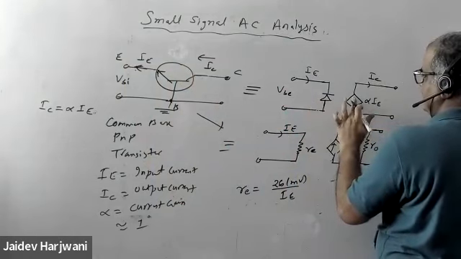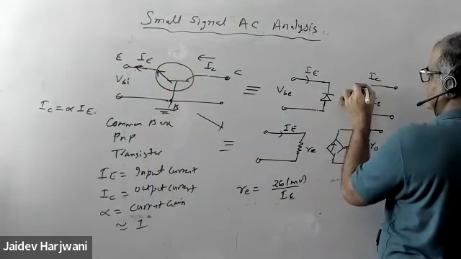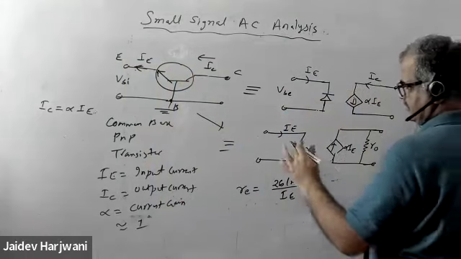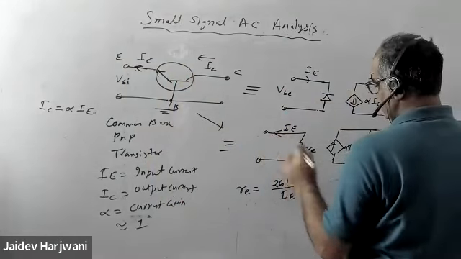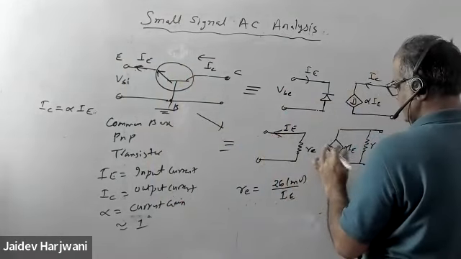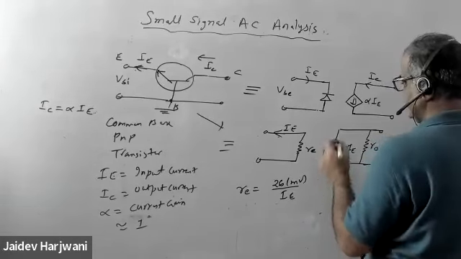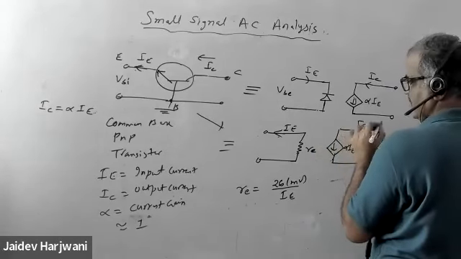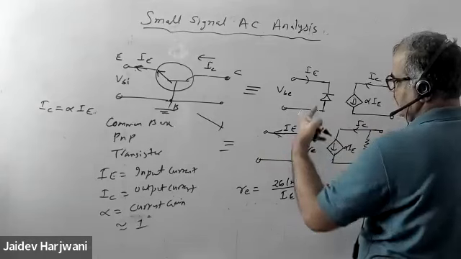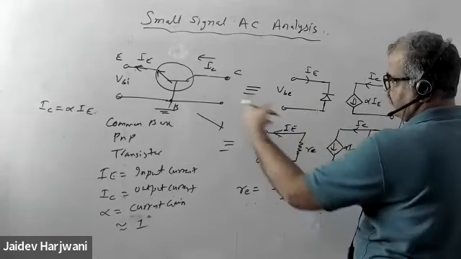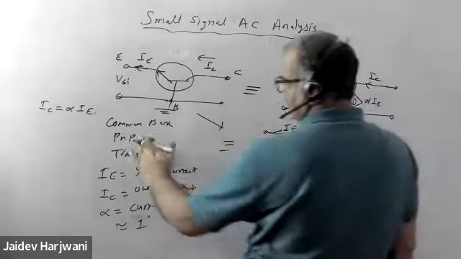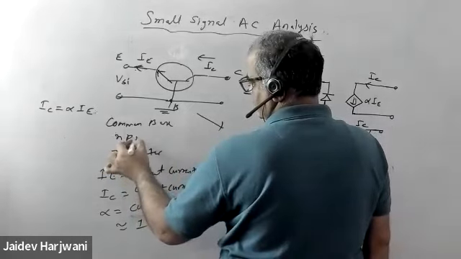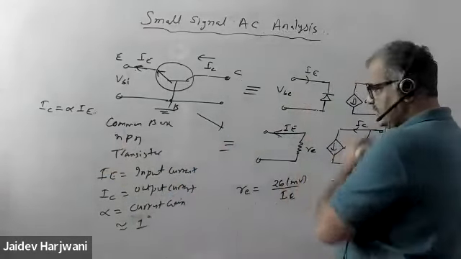This will be equal to this one, and this will be opposite. So this is the equivalent model for an NPN transistor, the common base NPN transistor. You have to remember this model.